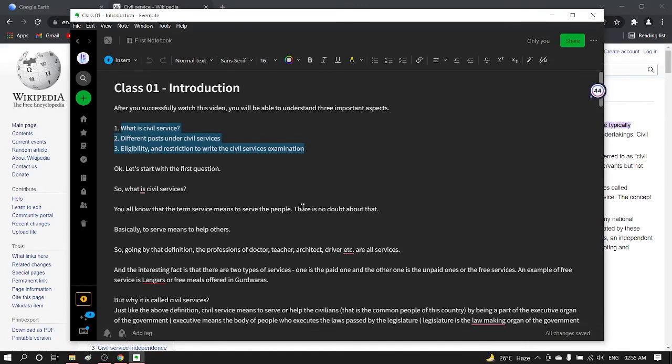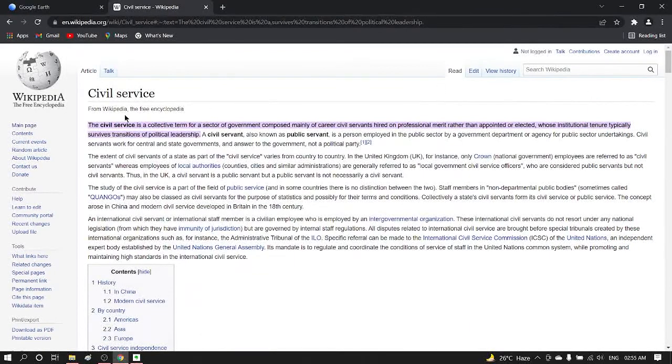Okay, so let's start with what is civil service. In Wikipedia, kindly search civil service. There you will get a definition. The civil service is a collective term for a sector of government.